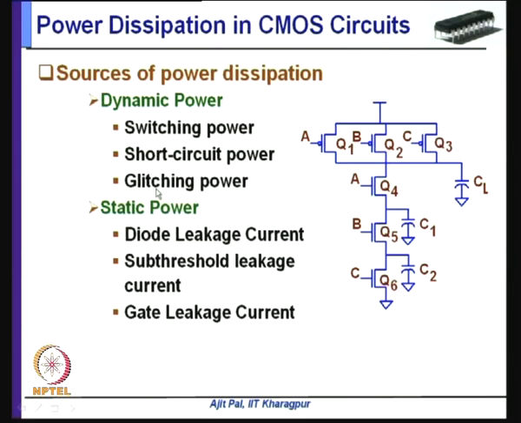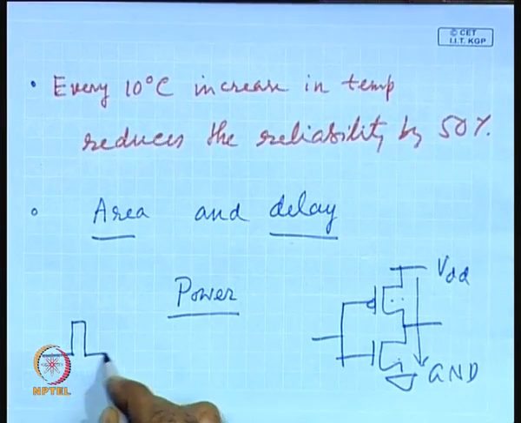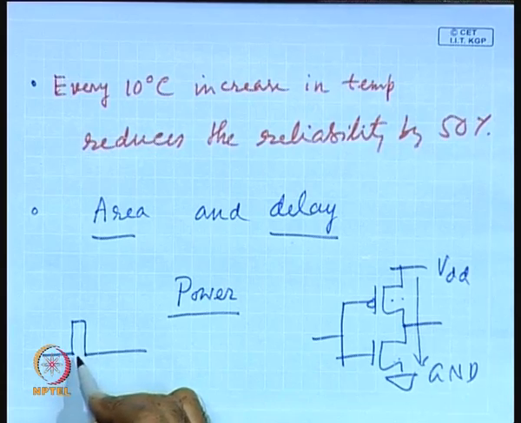And glitching power dissipation occurs because there are undesired transitions within the circuit because of the delay. Ideally, the gates should not have any delay, but unfortunately there is finite delay of the gates, and that delay leads to glitches. Whenever a glitch occurs, undesired transitions like these spikes occur, and they lead to power dissipation.